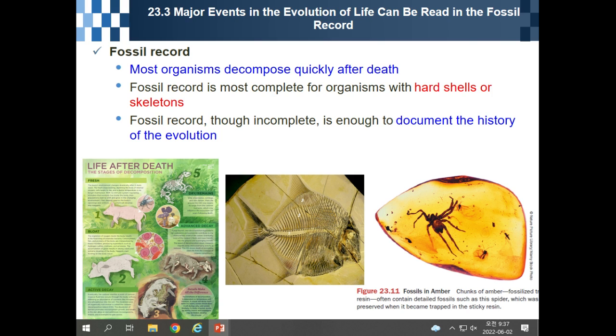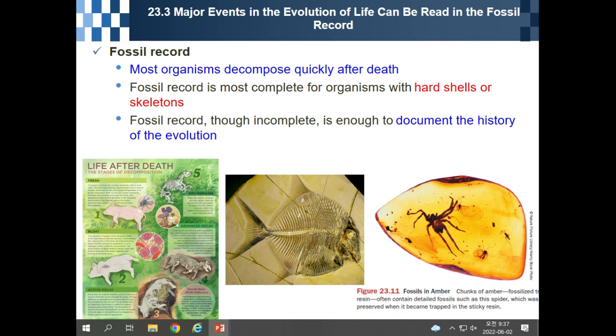For example, if there were 100 animals, only one animal can be fossilized because most organisms decompose after death.